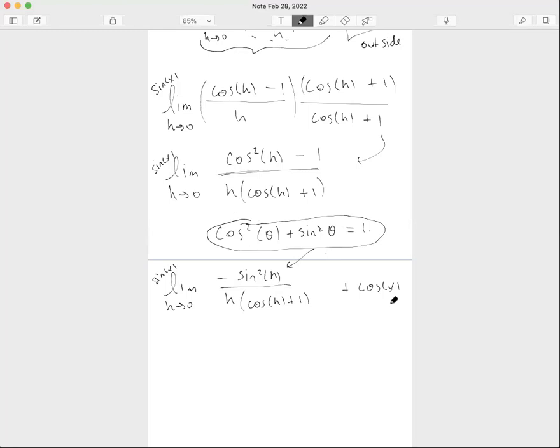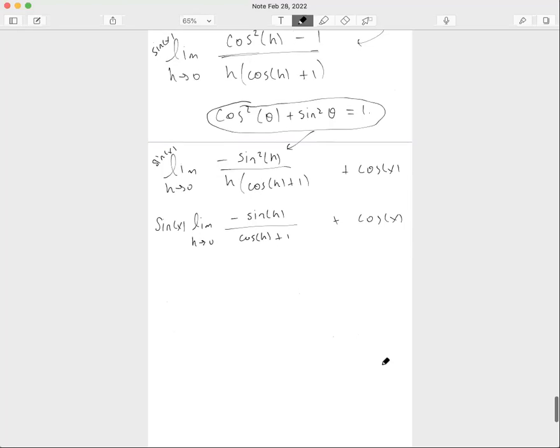So the sine h over h will cancel out, right? It'll give you a 1. That makes sense?